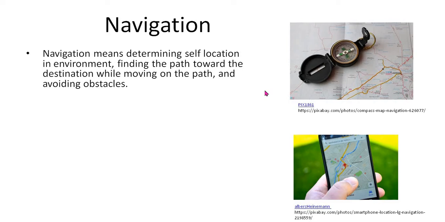Let's see an example of how humans used to navigate in history. So they needed a map of the environment, and then they needed some kind of direction finding equipment such as a compass.